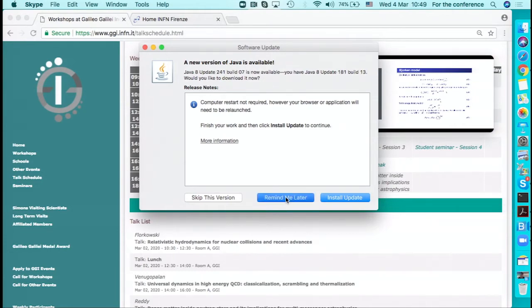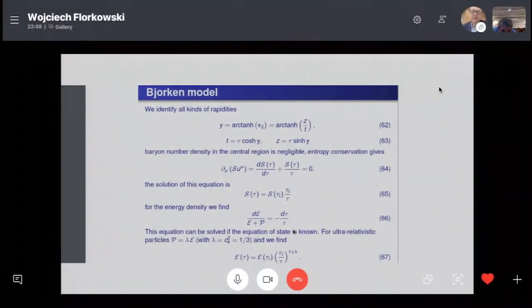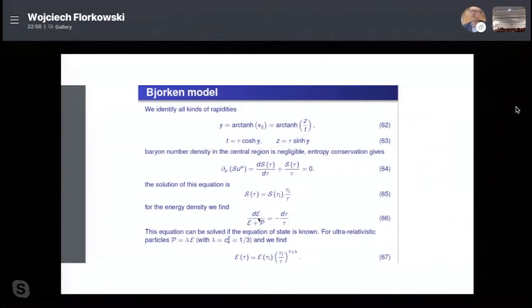If we have energy density, equation 66 is just the Euler equation. It's also very easy to solve if we have the equation of state assumed in some form. In this case, usually one assumes the ideal equation of state for massless particles, so P is 1/3 of the energy density.